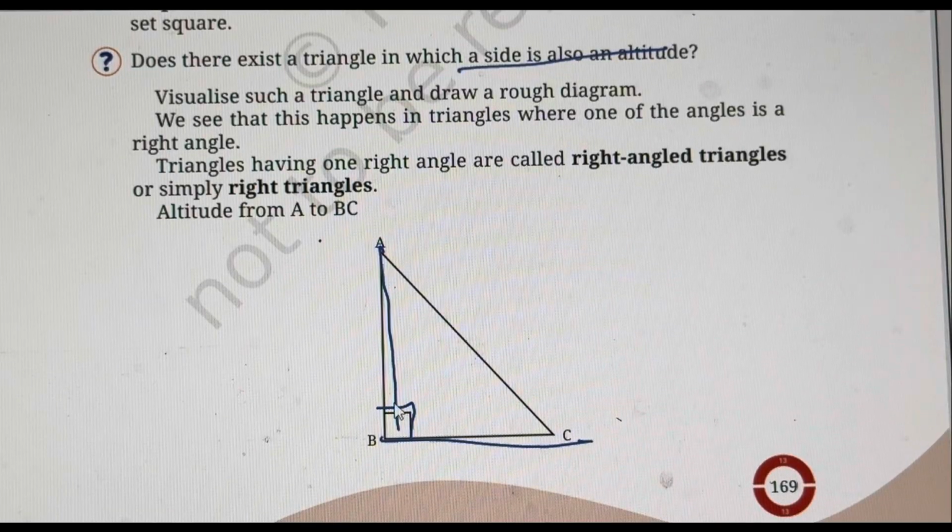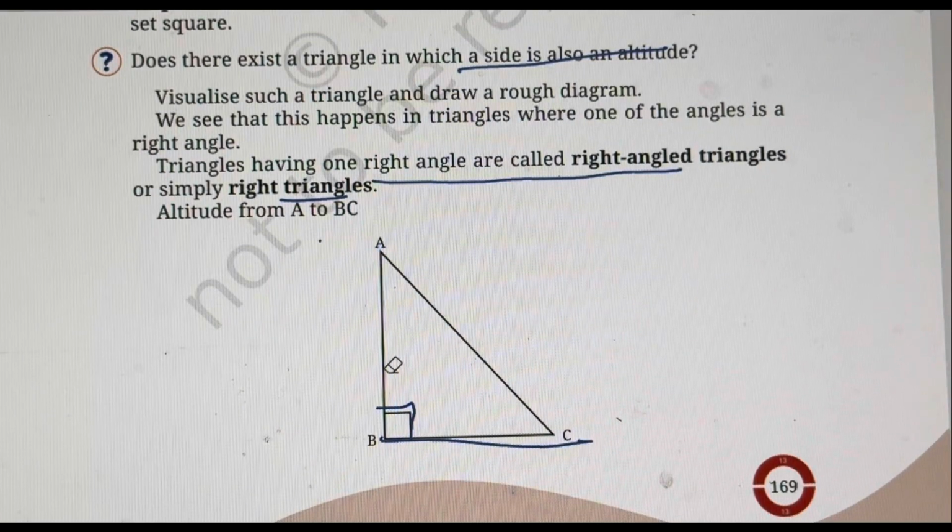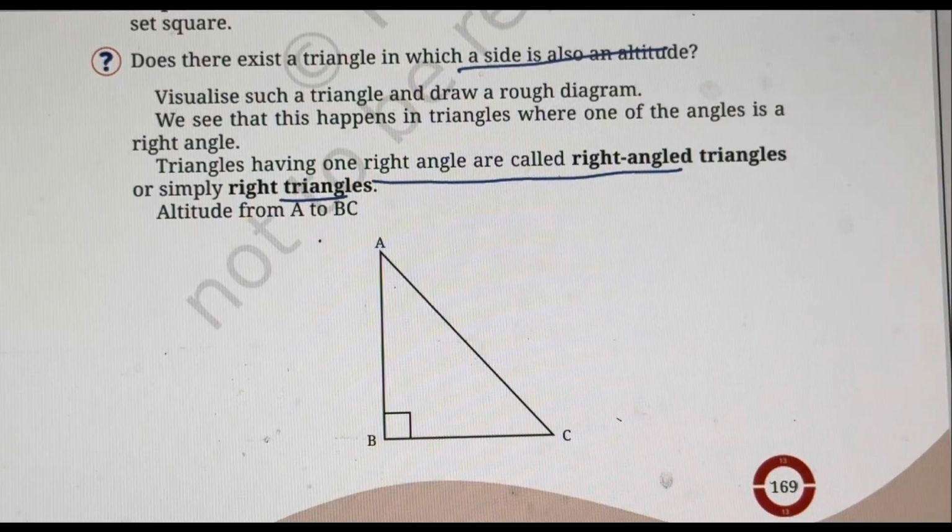So AB is the altitude for BC and BC is the altitude for AB. Triangles having one right angle are called right angle triangles or simply right triangles. And in that case, the side will be an altitude also, or a height. You can call them height or altitude because they are at 90 degrees.